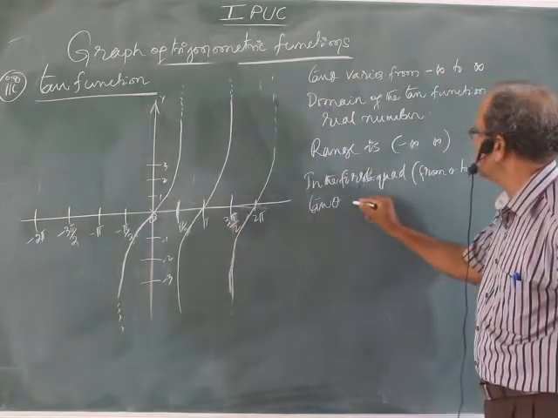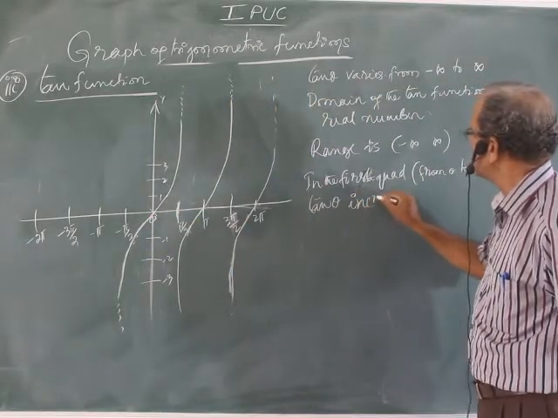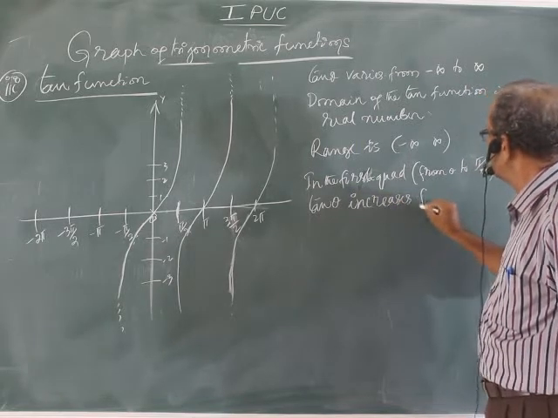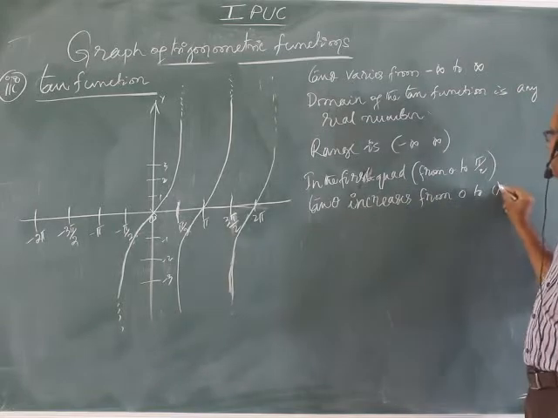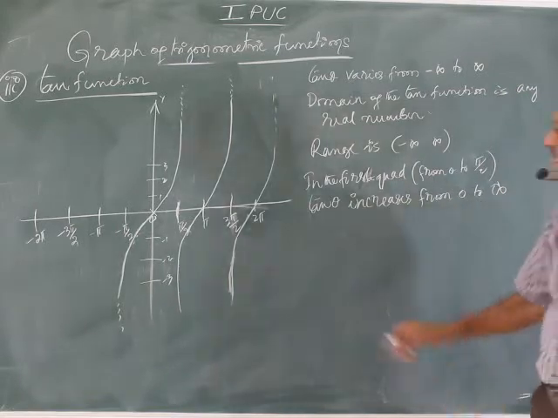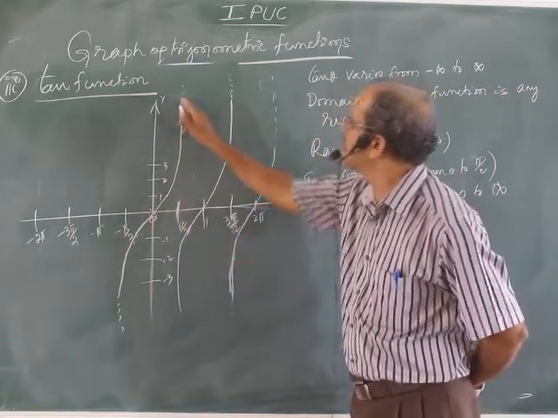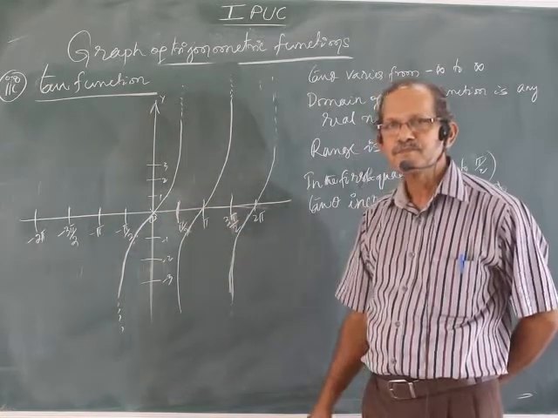See? Tan theta increases from where to where? 0 to infinity. The function increases from 0 to infinity up to pi by 2.